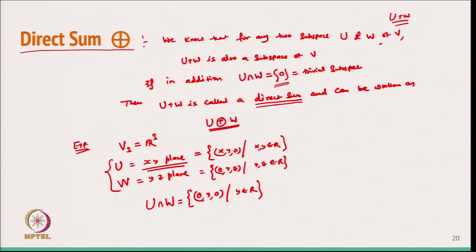So, the xy plane and yz plane intersect at the y axis. So, we will get only y. So, it is a space and it is not equal to only the 0 space. So, in this case if I define U plus W, it is not a direct sum.